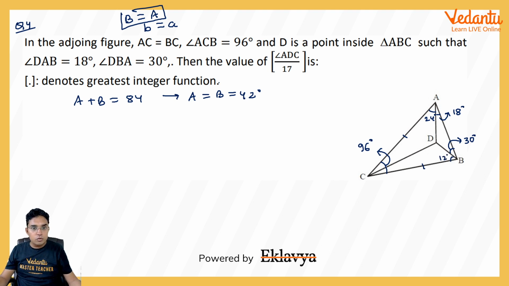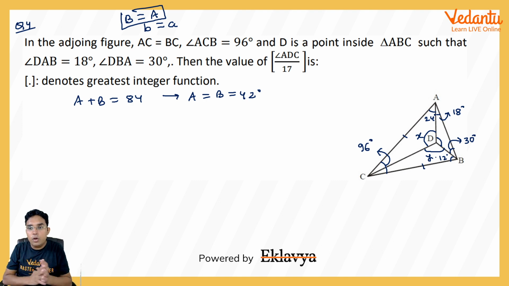We are supposed to find the angle ADC, so let us call this angle X. This angle is also known to us because it is the third angle of this triangle, where two are 18 and 30. Let me call this angle Y here.